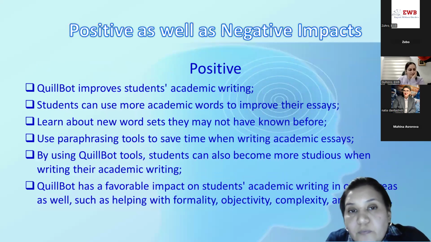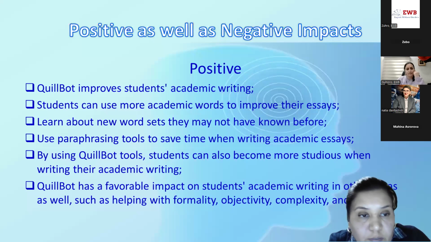And the advantages of Quillbot are the following. Quillbot improves students' academic writing, fluency, grammar, and vocabulary. Academic words improve their essays, and they learn new vocabulary, new meanings, and paraphrasing skills.